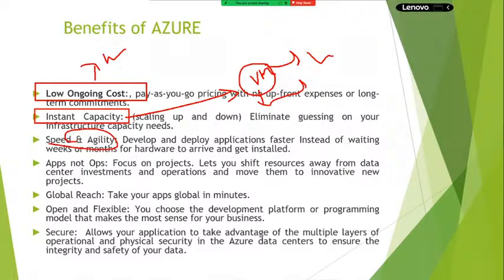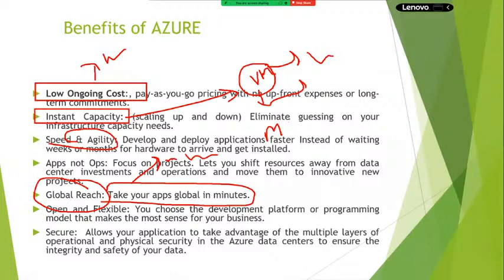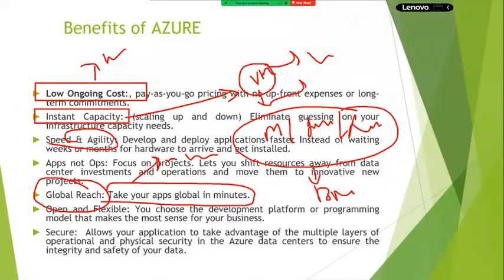Next, global reach. Your data can be distributed across the globe in minutes. You know why Microsoft, Google and Facebook applications are very fast, even though they have billions of customers all around the world?